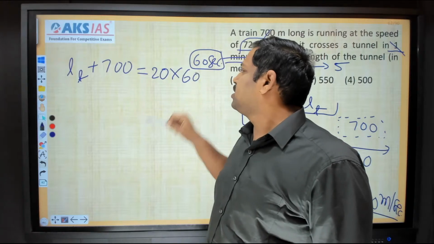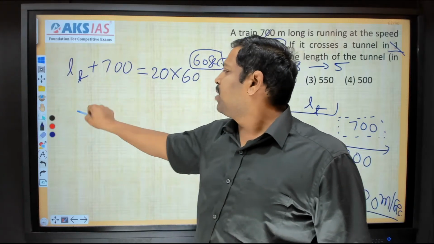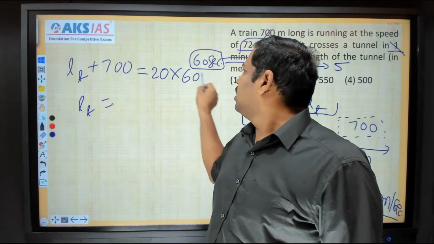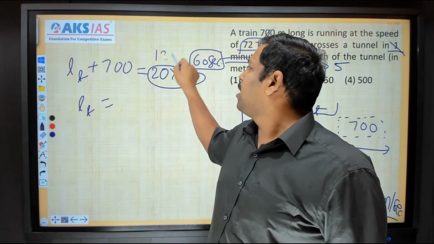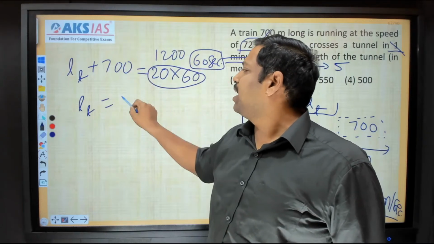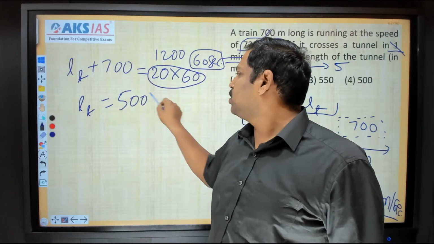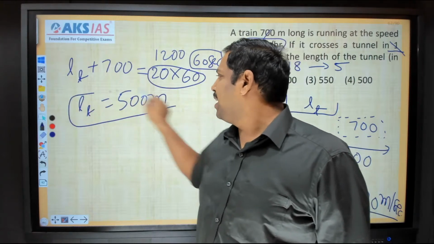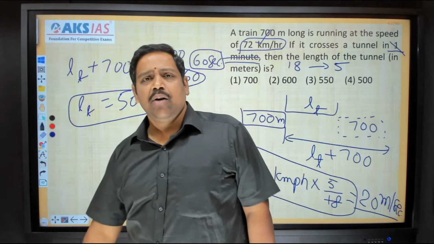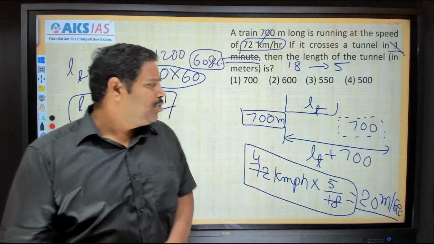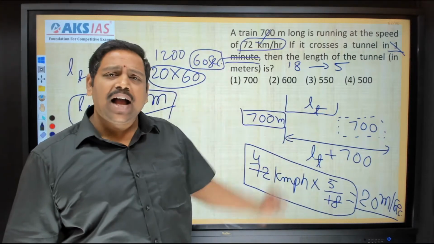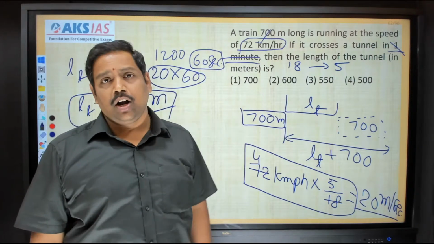So 60 into 20 is 1200. 1200 minus 700, so it will be how much? 500. So what is the length of the tunnel? 500 meters. The point you should notice is that this kind of diagram we should draw initially every time.